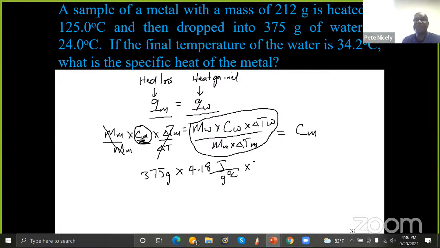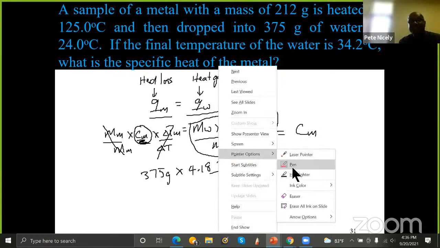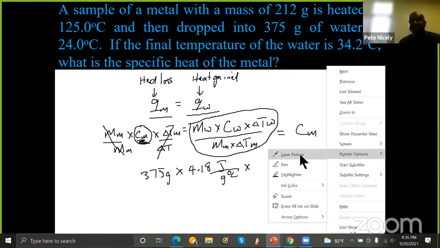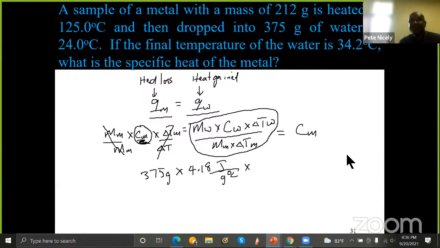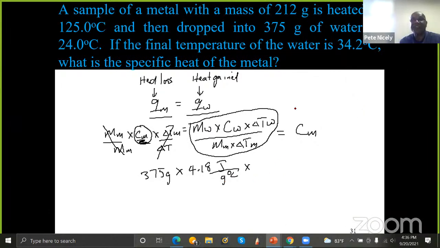Now, what's the change in temperature of the water? It's going to be equal to, in fact, let me use a different color here so I can point it out. Let me use red. Okay.